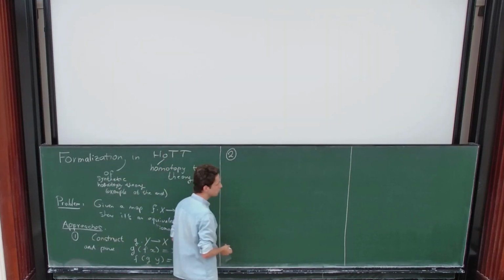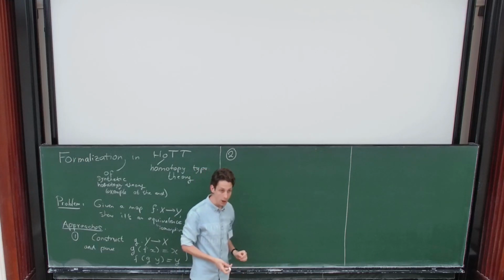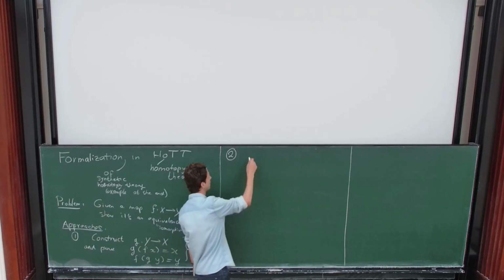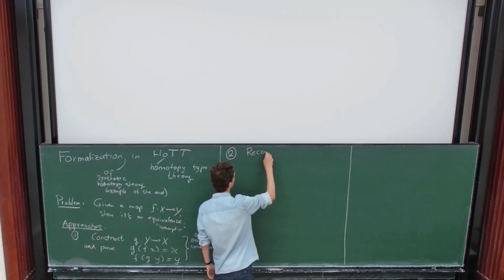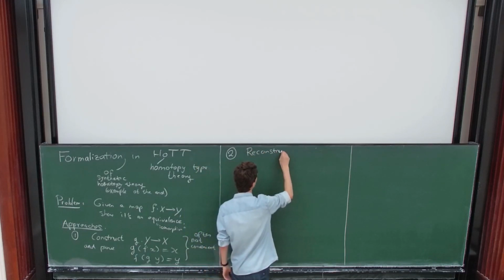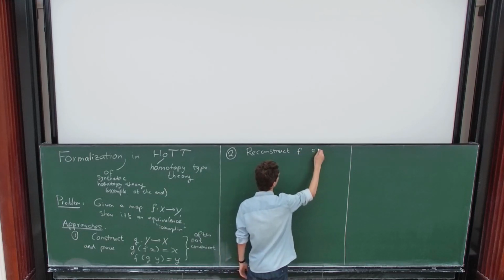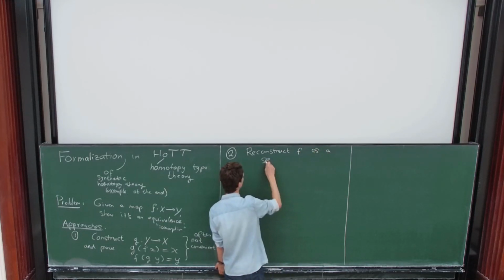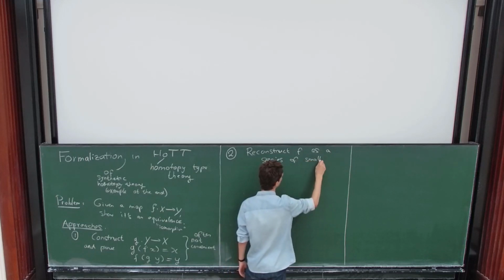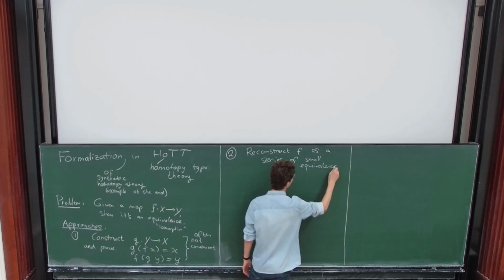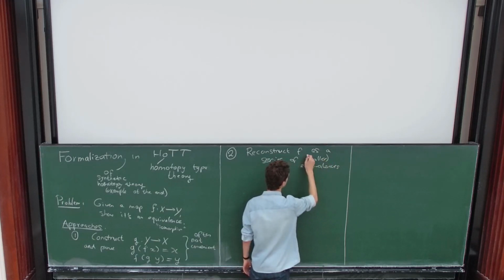The second approach, which works surprisingly often, I would say, is to reconstruct F as a series of small equivalences.